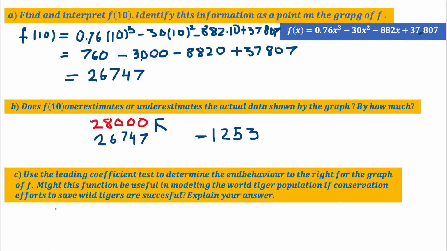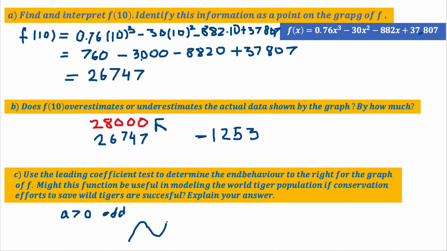And now in part C we have to use the leading coefficient test to determine the end behavior on the right for the graph of f. We want to know the right side, but let's try both of them. This is a cubic function and the leading coefficient is positive. If a leading coefficient, let's say a, is greater than 0, and the function is an odd function, it means the function is going to go in this way.